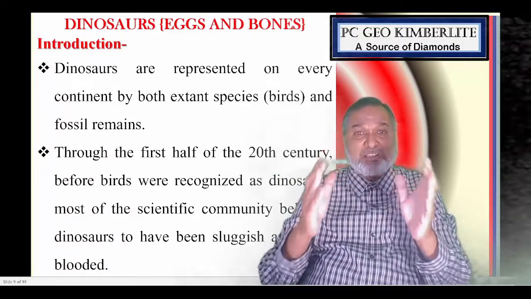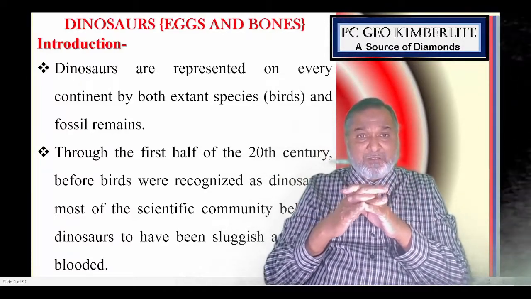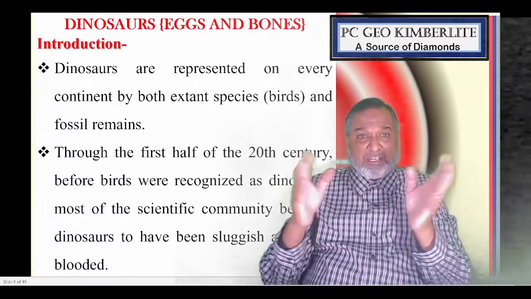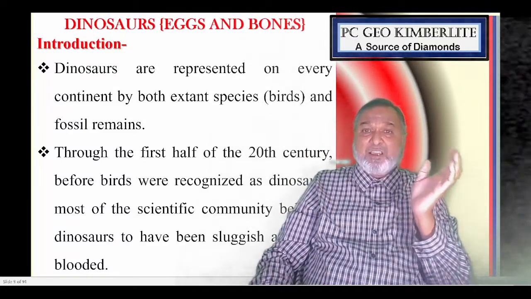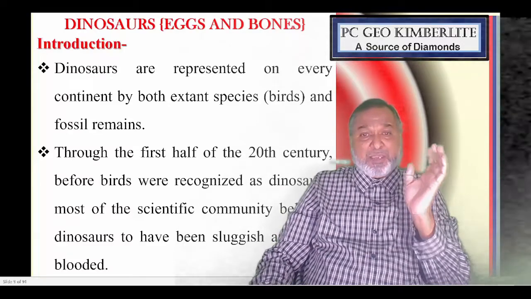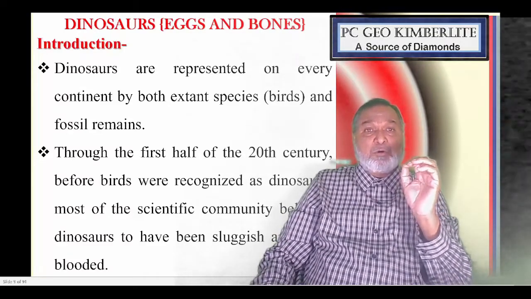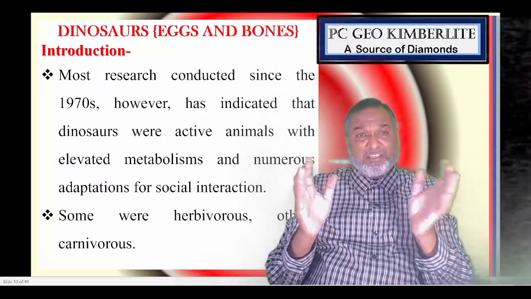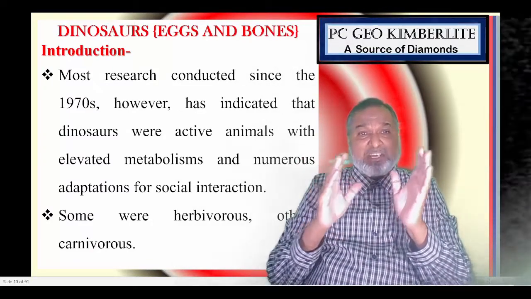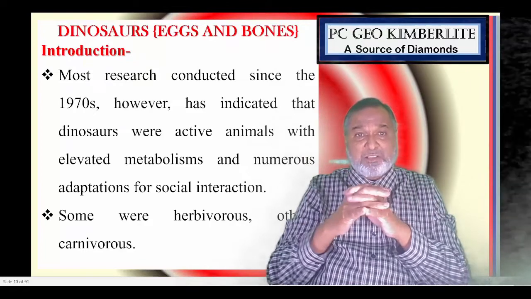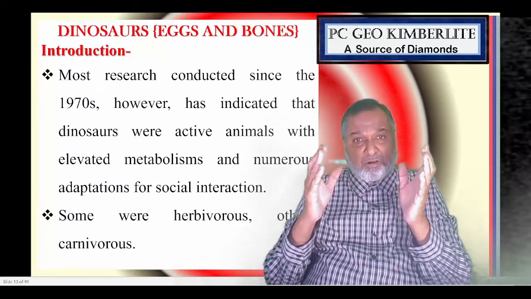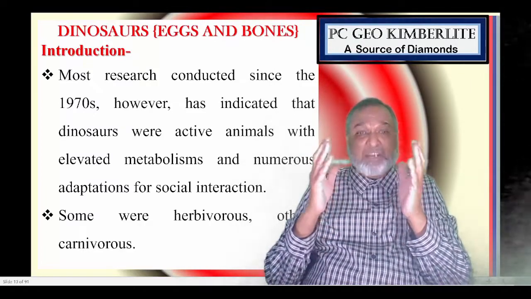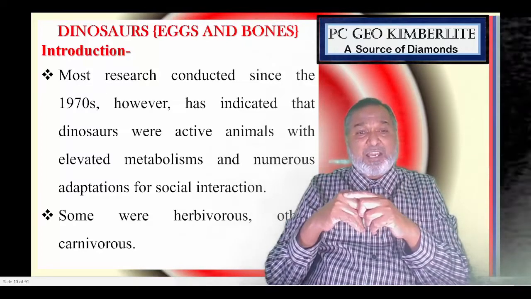Through the first half of the 20th century, before the birds were recognized as dinosaurs, most of the scientific community believed dinosaurs to be sluggish and cold-blooded. Most research conducted since the 1970s, however, has indicated that dinosaurs were active animals with elevated metabolism and numerous adaptations for social interaction.